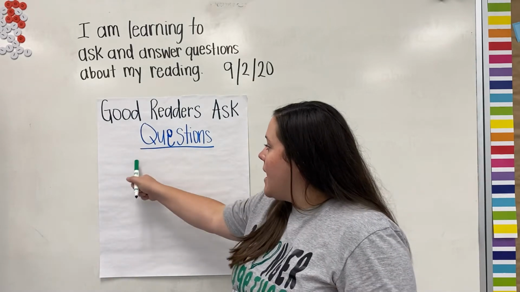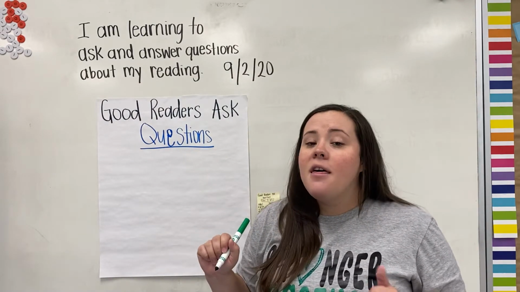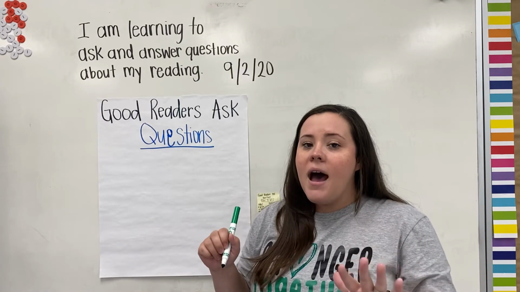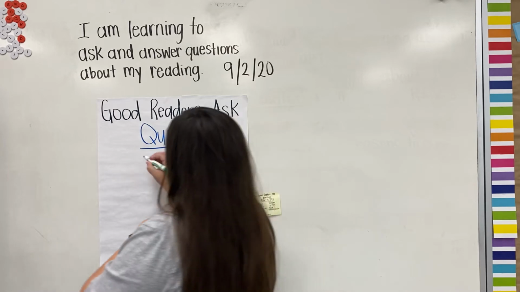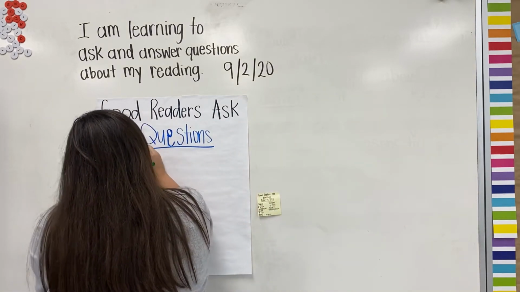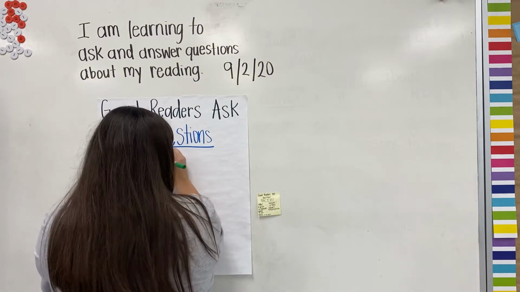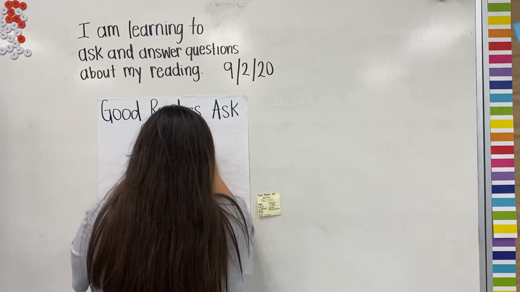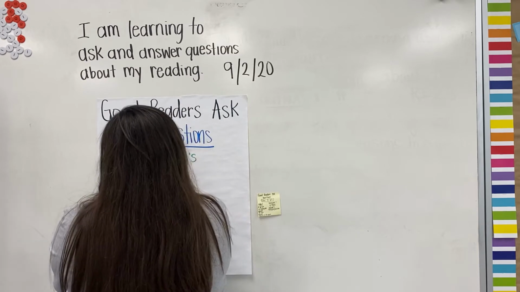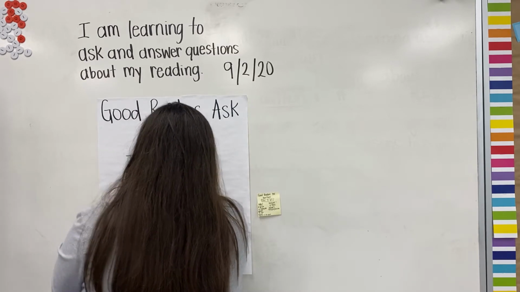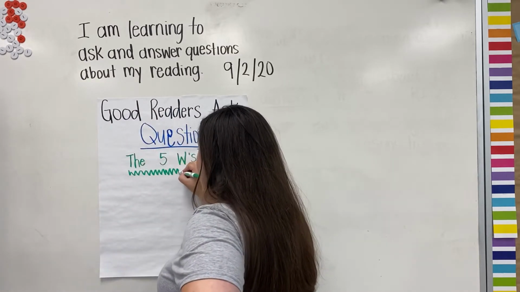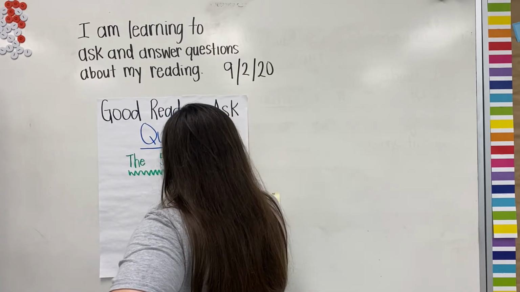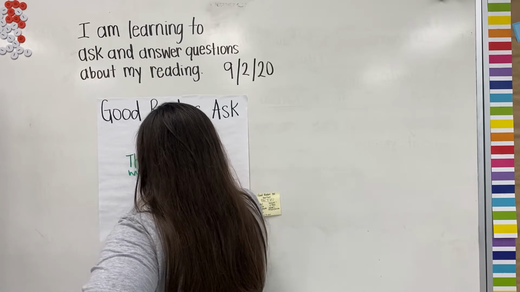So right here below questions, I'm going to write the 5 W's so I can remember the 5 W questions. And I'm putting this little box around it because this is really important and I want to remember it.